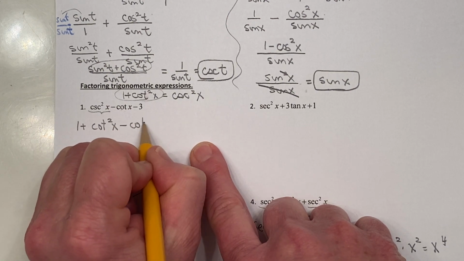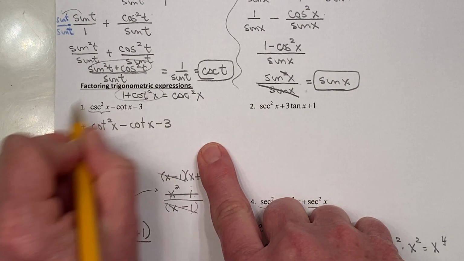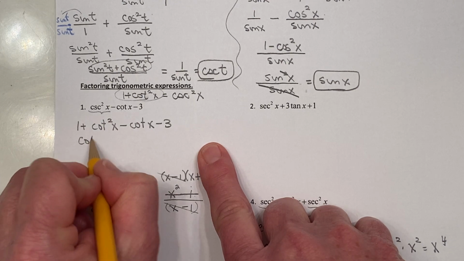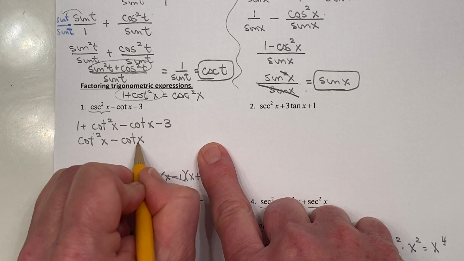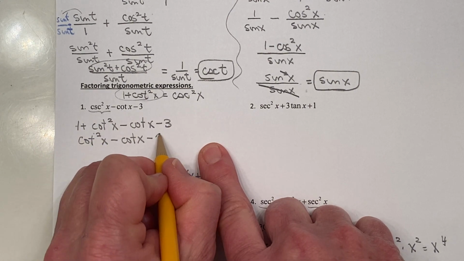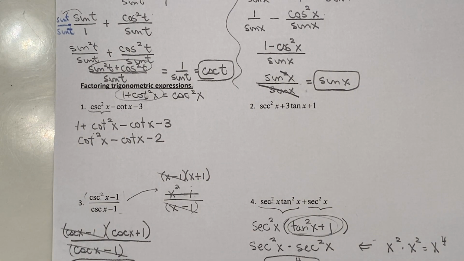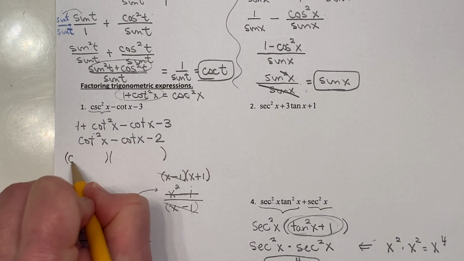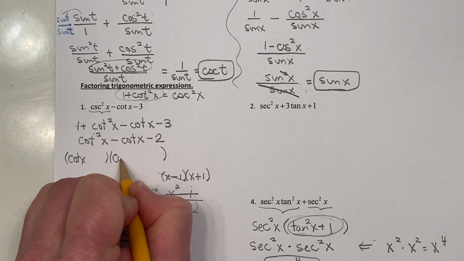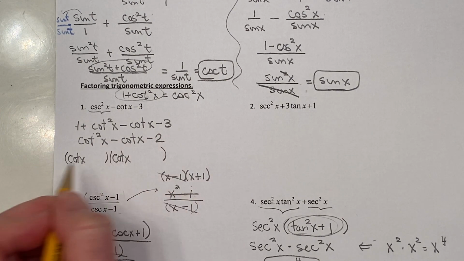Bring down the rest of the problem. Clean it up. I'm going to put the second power first. Positive 1 minus 3 is minus 2. Now, can I factor this? I think so. I need a cotangent up front and a cotangent up front here.